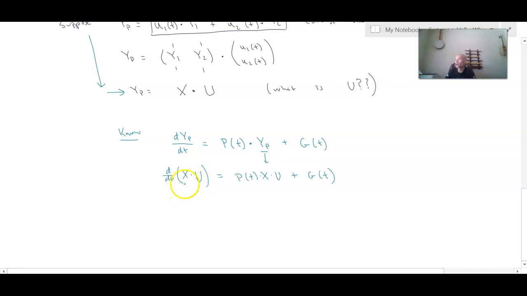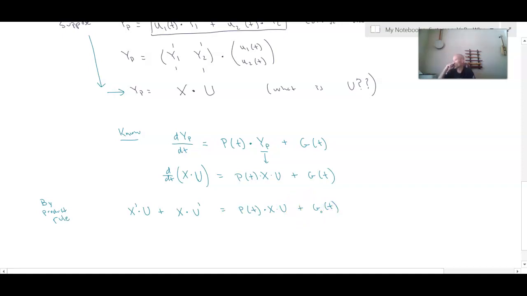So I'm going to make the argument by the product rule, even though we're working with matrices and vectors here. We're going to extend this. We're going to say, well, that would be the derivative of the first times the second plus the first times the derivative of the second equals P of t times x times u plus g of t.